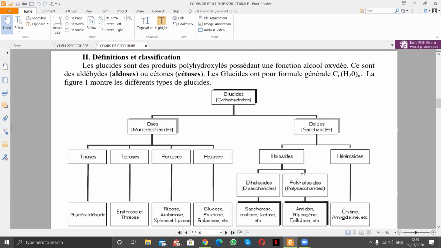In simpler terms, they are composed of more than one type of monosaccharide unit. They can be a melange of groups, fructose, and so on. Am I clear?